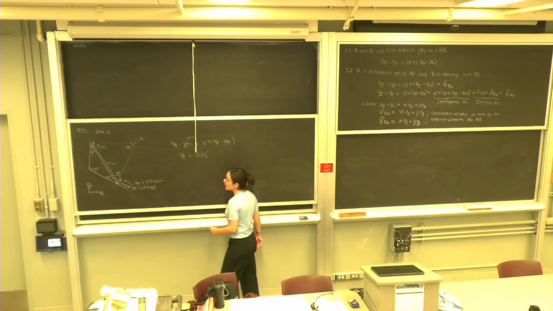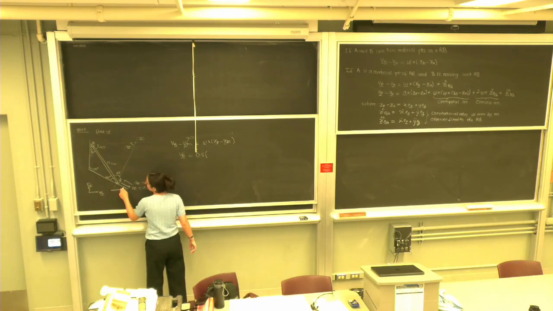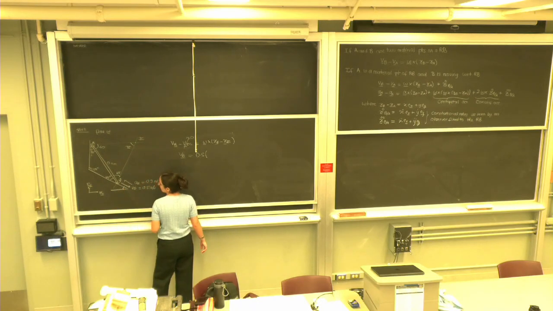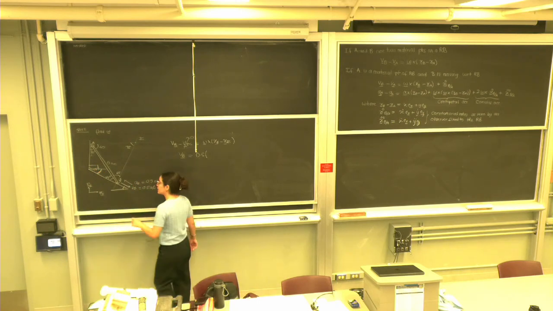What is this angle that the velocity makes with the horizontal? This is 90 degrees. What is this angle here? 15.